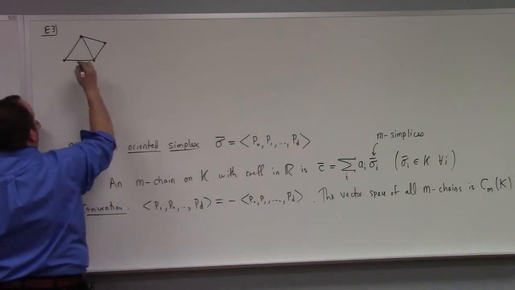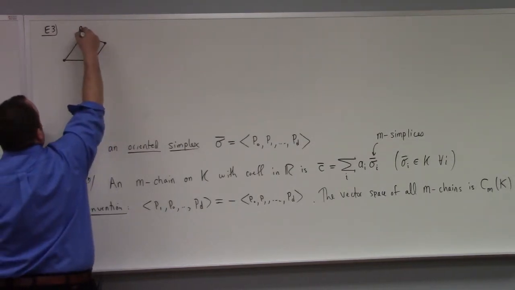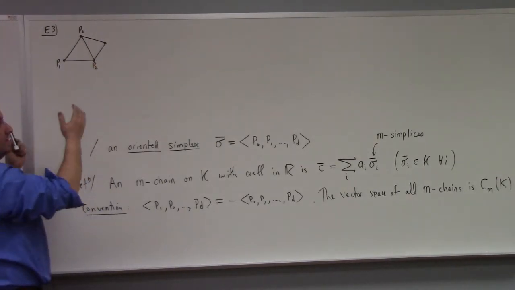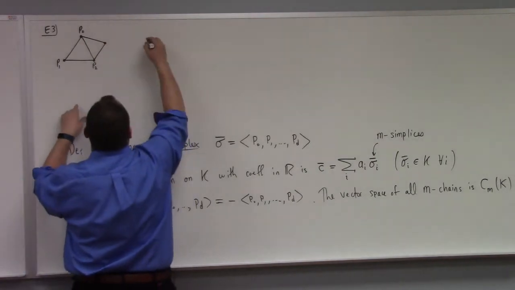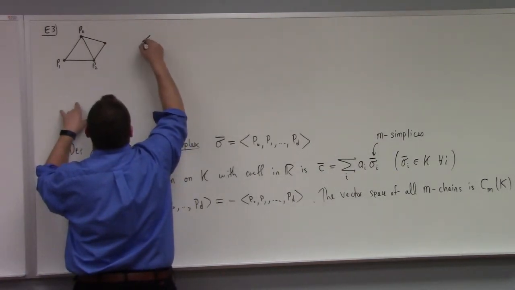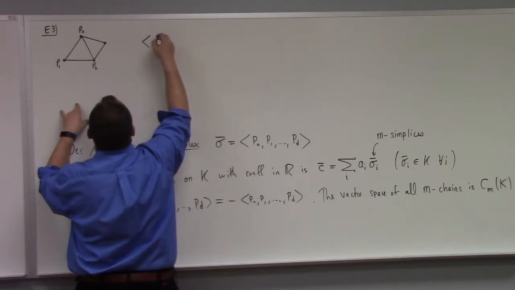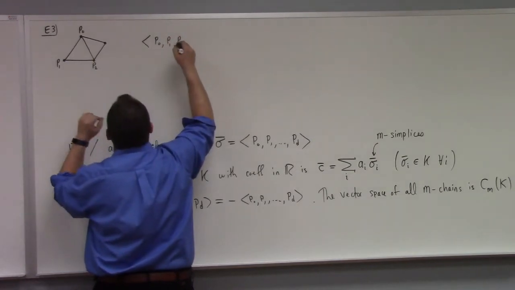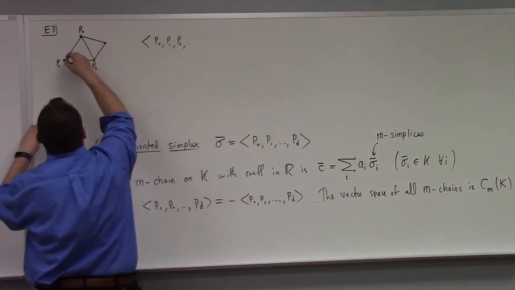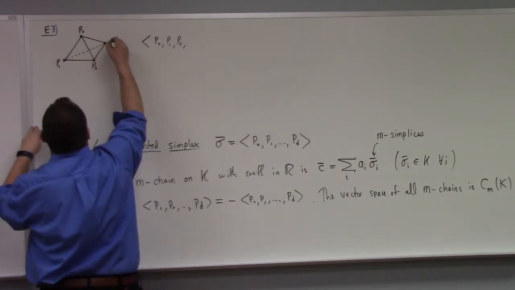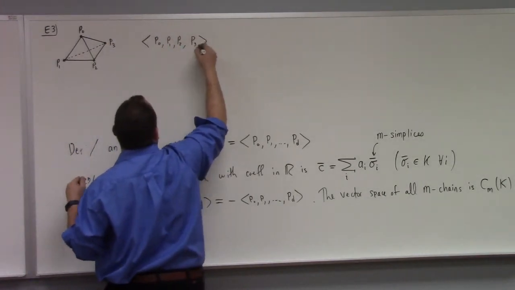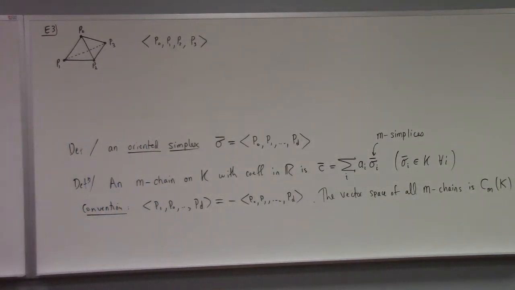Let me just start with P0 up top, and then P1, and then P2. I'm going to think of the tetrahedron as the 3-simplex, P0, P1, P2. And by process of elimination, that must be P3, right? I don't really have much choice in the matter, do I? But you notice my choice of labeling P0, P1, P2 was motivated by the right-hand rule, okay?